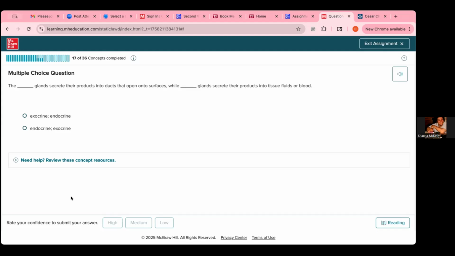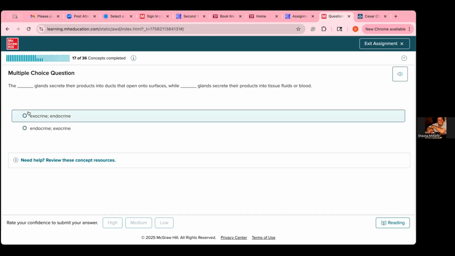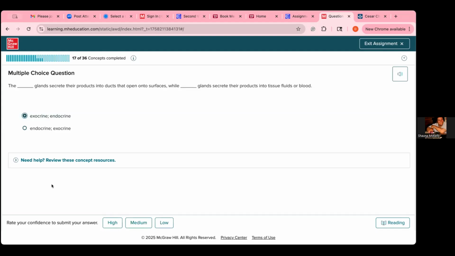Endocrine glands secrete their substances directly into your bloodstream. So exocrine glands are the ones that do it through ducts. So that's going to be the first option, exocrine glands. They secrete into ducts, and endocrines don't have ducts, so they secrete directly into the bloodstream.